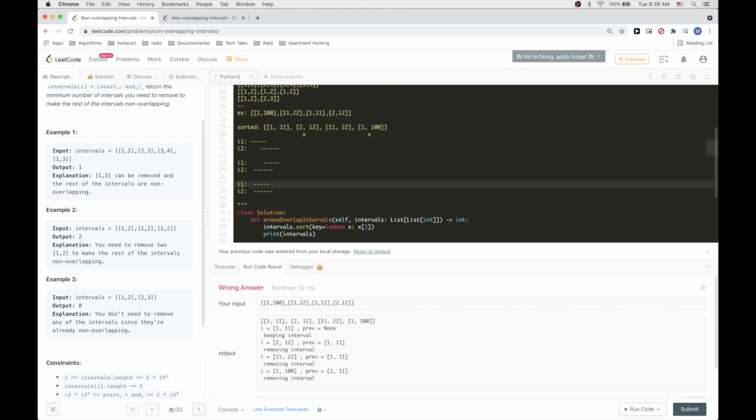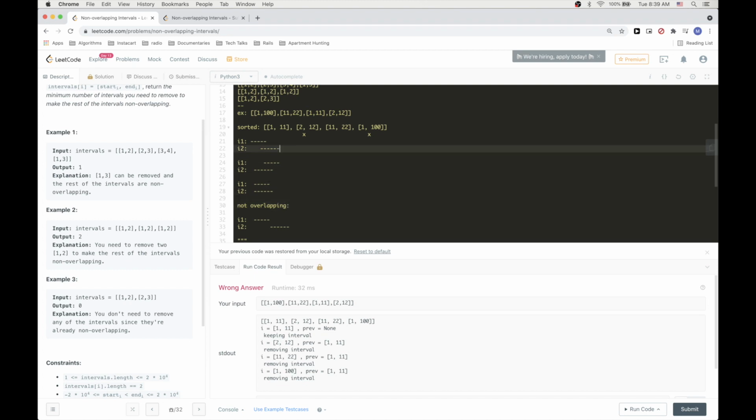What else? Those are the only two cases. One other case is this one is non-overlapping. So non-overlapping can be like this, like they just meet at the same value there, and these are the overlapping cases.